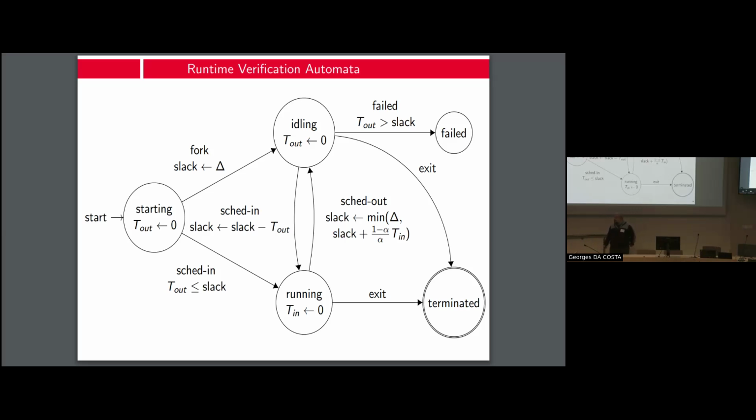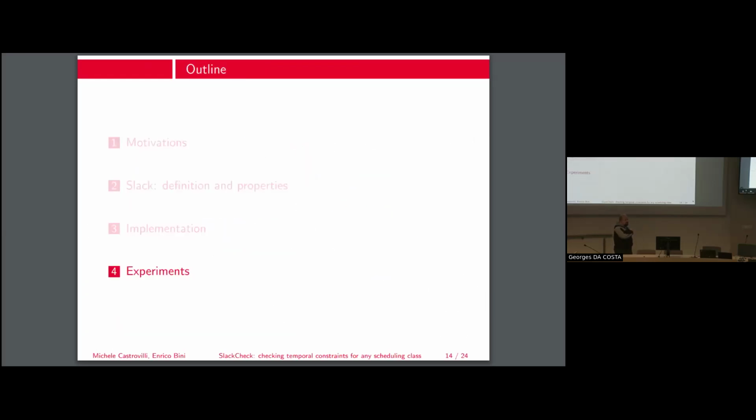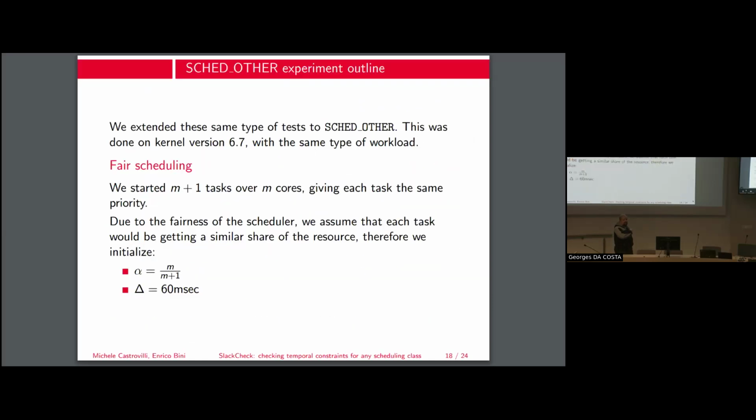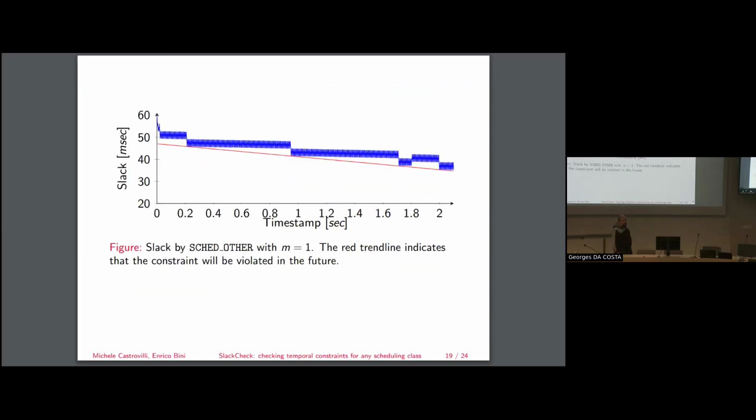Actually, I have another call. Can you, Michele, go please to the experiment where you have the line just below? This one? No, this one here. Something I would like to convey is that, in theory, since we have m equal to 1 and 2 tasks together with the same weight, you would expect them to have the same share, 50-50, easy, right?